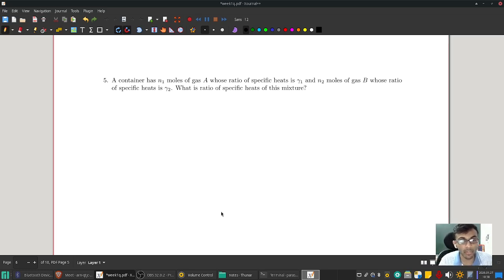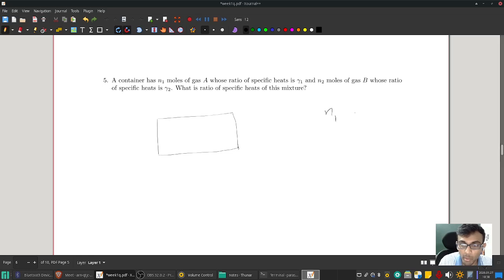So we have another container here, which again has a mixture of gases. That is the container, and it has N1 moles of gas A whose specific heat ratio is gamma 1.